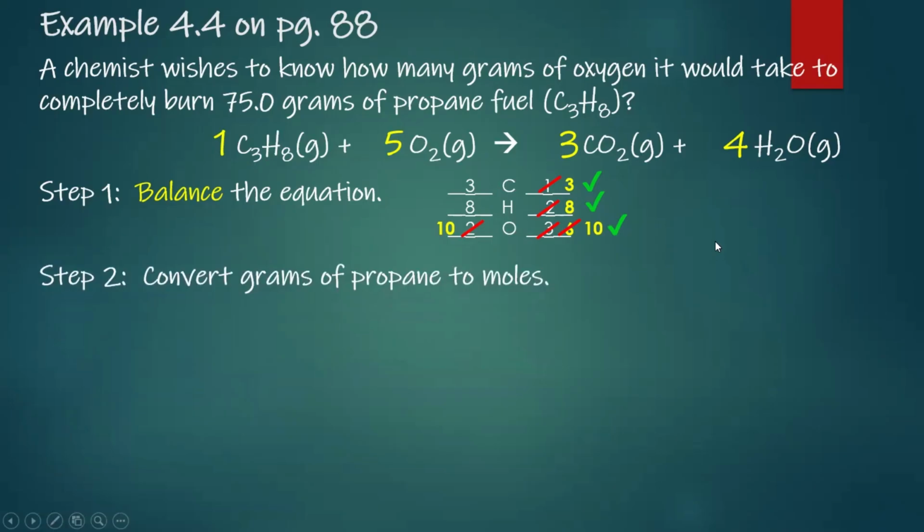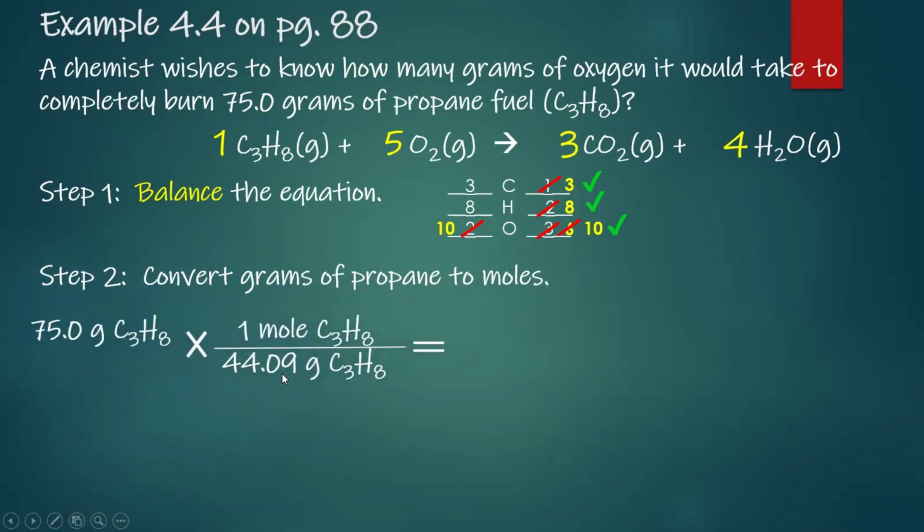So at step 2, we need to convert this 75 grams of propane fuel into moles. So we have 75 grams of propane fuel, and we know what the formula is. We need to multiply the grams of propane times 1 mole of propane and divide it by its molar weight.